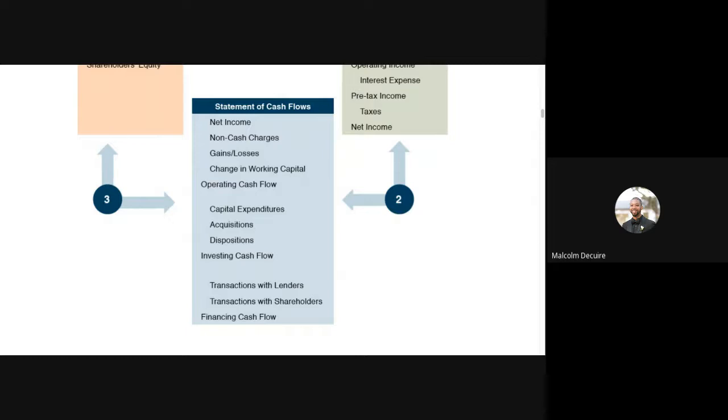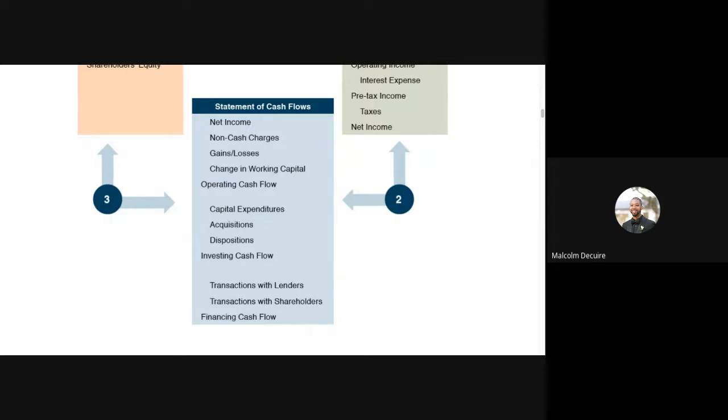Those changes in working capital can make a business grow if the change is positive. If your change in working capital is negative, that means as you get money in, you're actually creating more losses for yourself because you have more destinations outside of the business for the money to go to rather than inside the business for the money to stay. We can go into those examples later on, but I want to keep the flow going here.